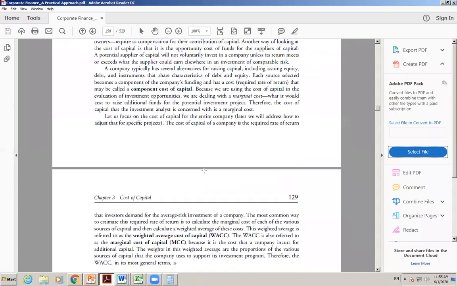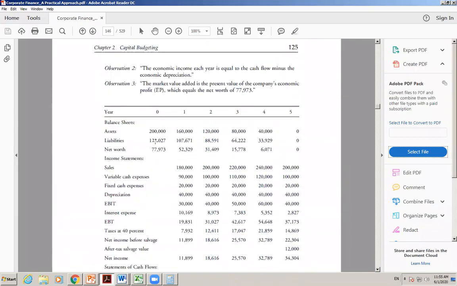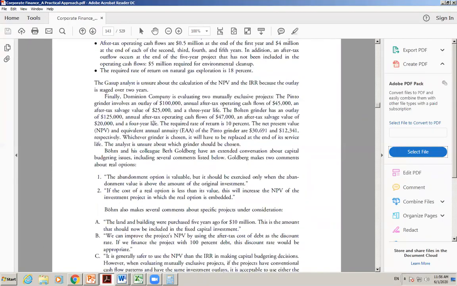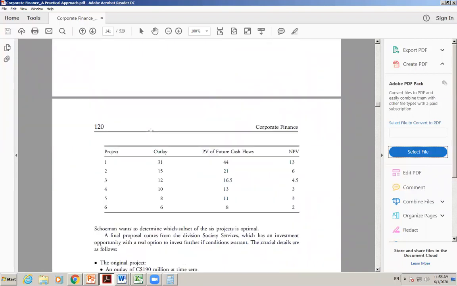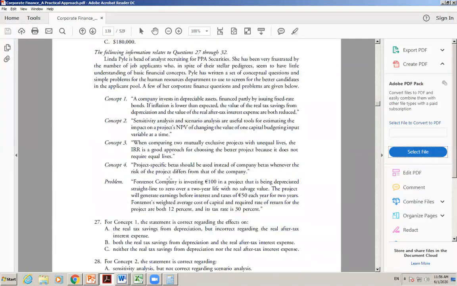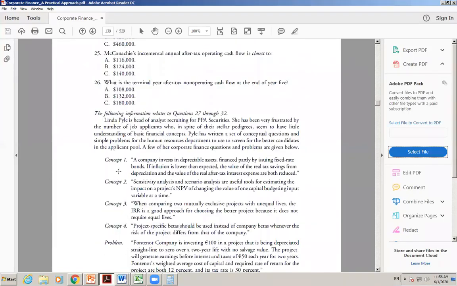Here are multiple choice questions, okay? Please try to go over them as well, to practice and get your hands ready for anything to calculate.